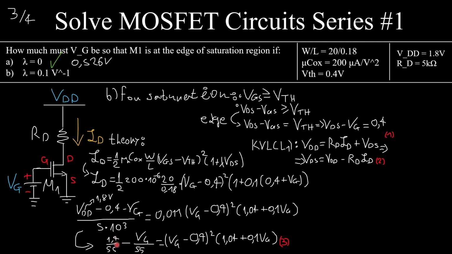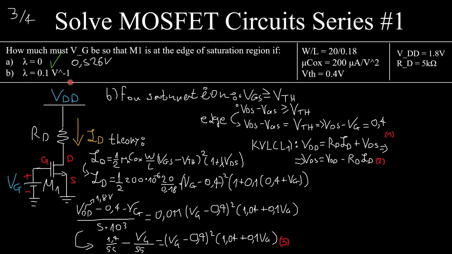I have something constant, minus VG, over something, must be equal to VG minus something squared times something plus VG plus VG. This is a cubic polynomial. Things got much harder, much more quickly with this addition.